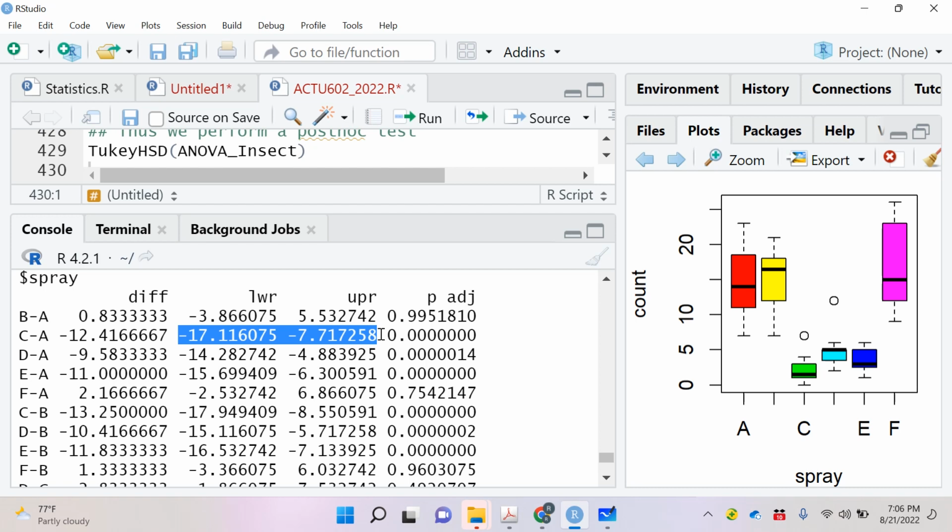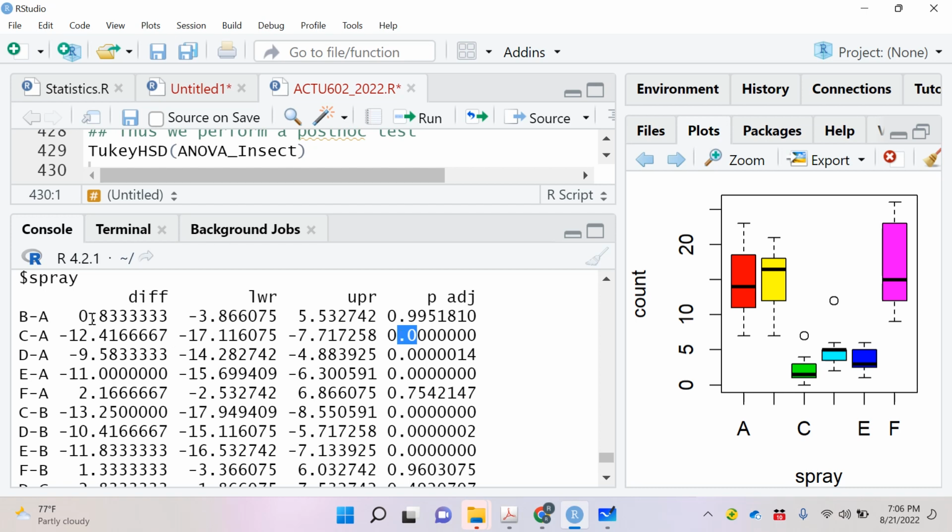In other words, it is significantly different from 0. It's negative 17 to negative 7. It does not include 0. It's far away from 0, which means the difference that we got, which is negative 12, is quite different from 0. Look at the p-value. The p-value is 0.0000. So what do you do? You reject H naught of equality.